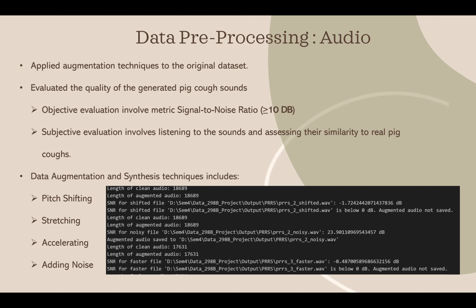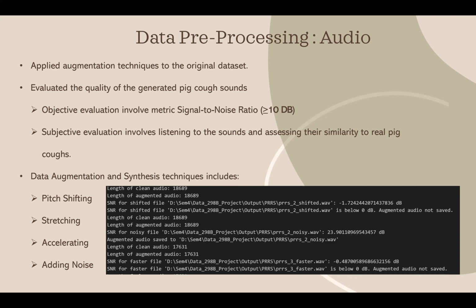So we went with the basic level, which is 10 and above. We are saving the augmented and synthesized files which have a signal to noise ratio of more than 10 decibels. As you can see in the snapshot here, if any file has less than 10 decibels, we are not saving it.